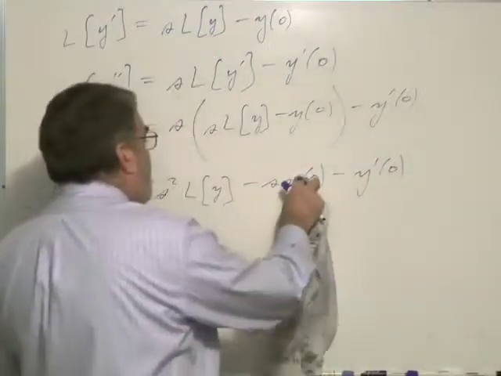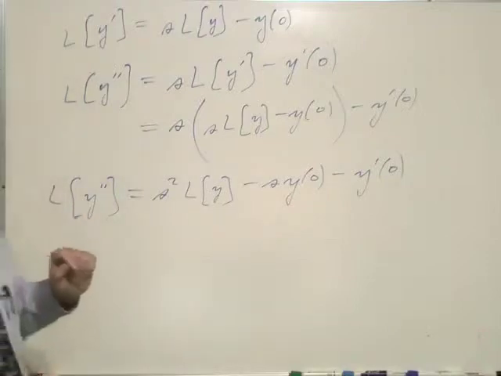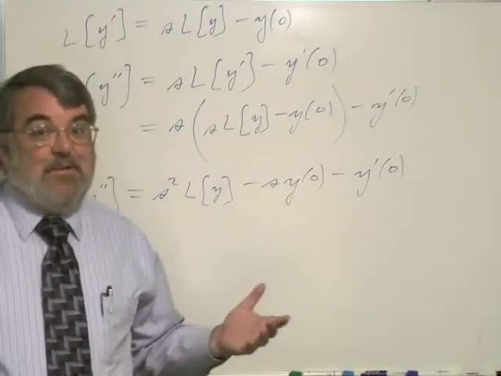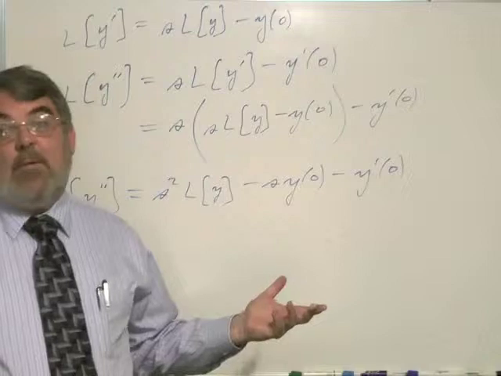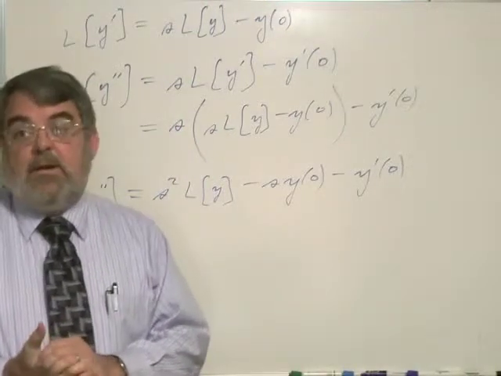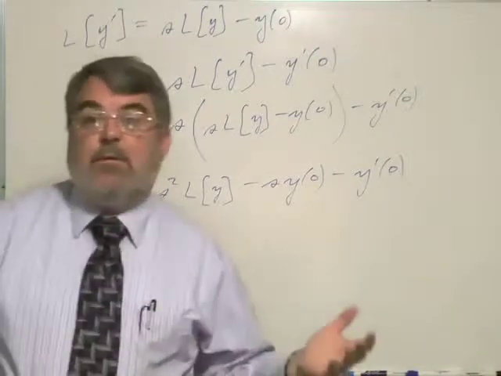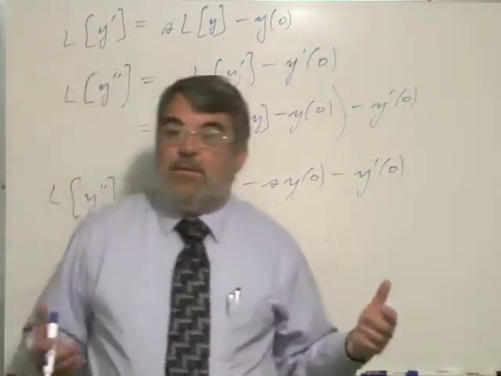There we go. So there's L of y double prime. So you're starting to see the derivatives appear, and now we're about to apply this to a differential equation. But we needed to figure out how to handle the Laplace transforms of derivatives.